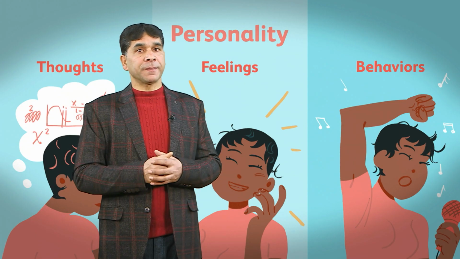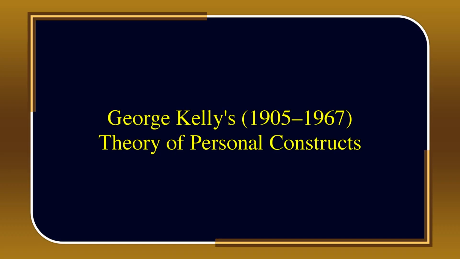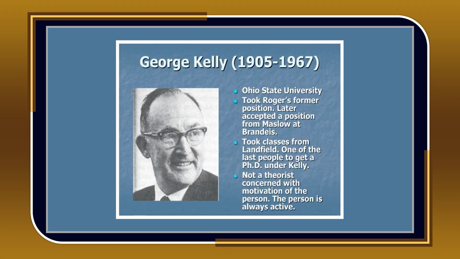Dear students, now let us understand George Kelly's theory of personal constructs. George Kelly, in his theory of personal constructs, emphasized people's subjective perceptions as the determinants of their behavior and personality.